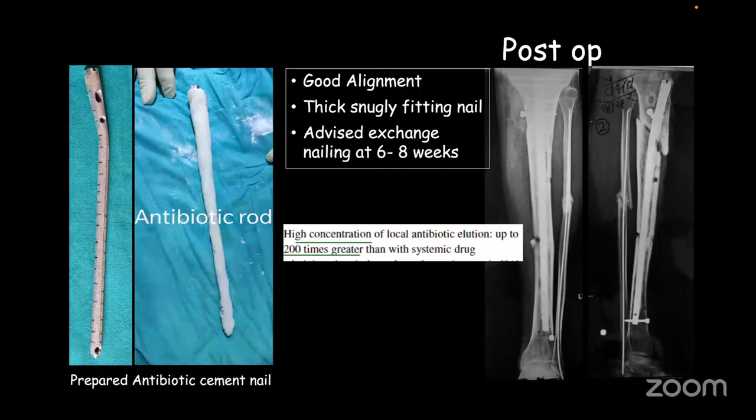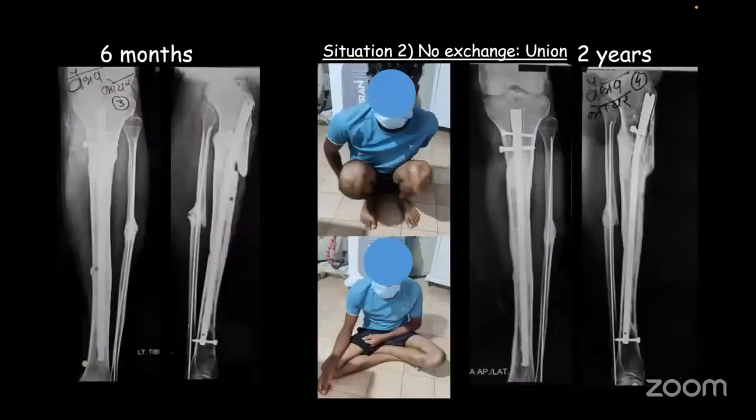Remember, the antibiotic concentration is highest when you use cement at the infected non-union site, and when you're using a cement spacer, it goes to the extent of 200 times greater than what your systemic drugs can elute at the infected non-union site. And at 6 months, it completely healed. So the antibiotic rod was never removed. And this is at 2 years, performing all the activity.